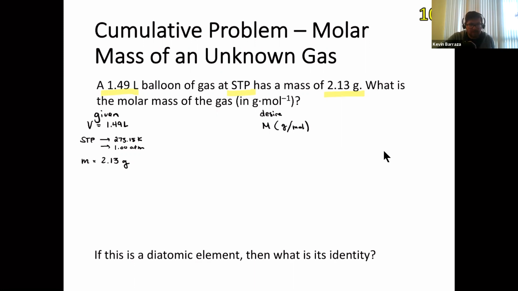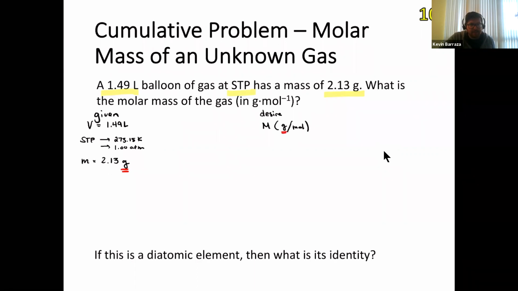So what do you think we're going to strategize to solve this problem? What are we going to do here? So notice I have grams here, and my desired is also grams. So we can't count the atoms and add up using the periodic table because we don't have a formula.